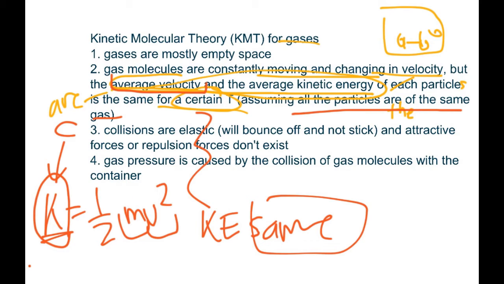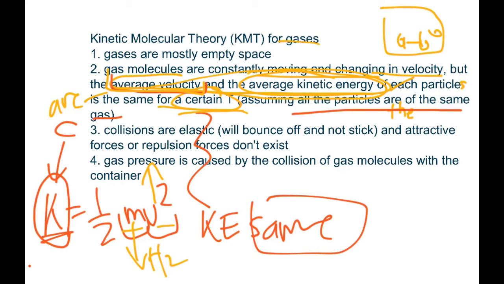On the other hand, if you have a very small mass for a gas, like if the particles are super small, like H2, then you will have a higher average velocity for the particles. This is based on an inverse relationship between m and v, assuming that our KE is constant. So just note that at a certain T, the average kinetic energy will be the same. However, depending on the particle, the average velocity may differ between different particles.